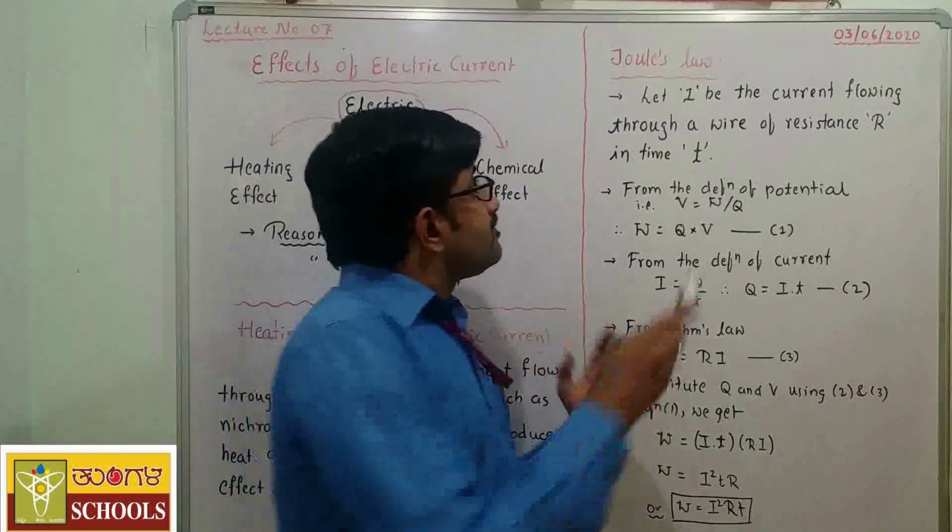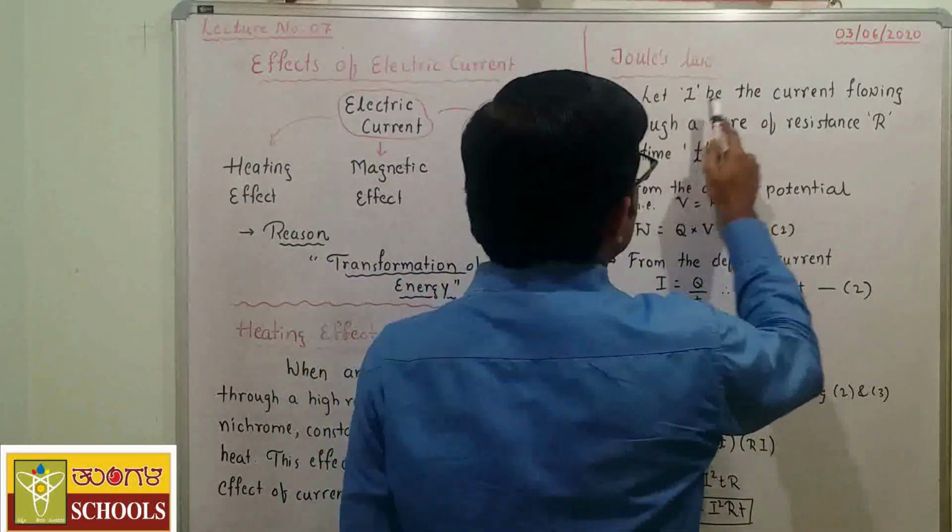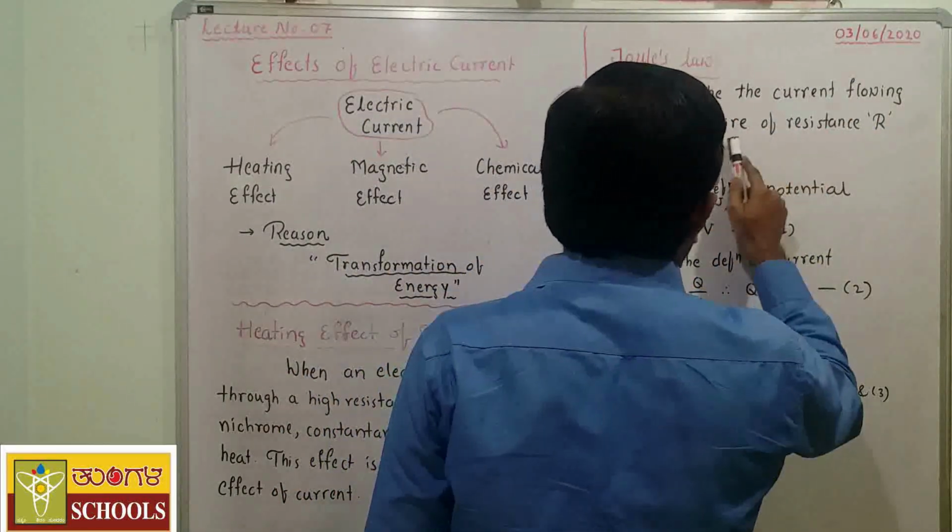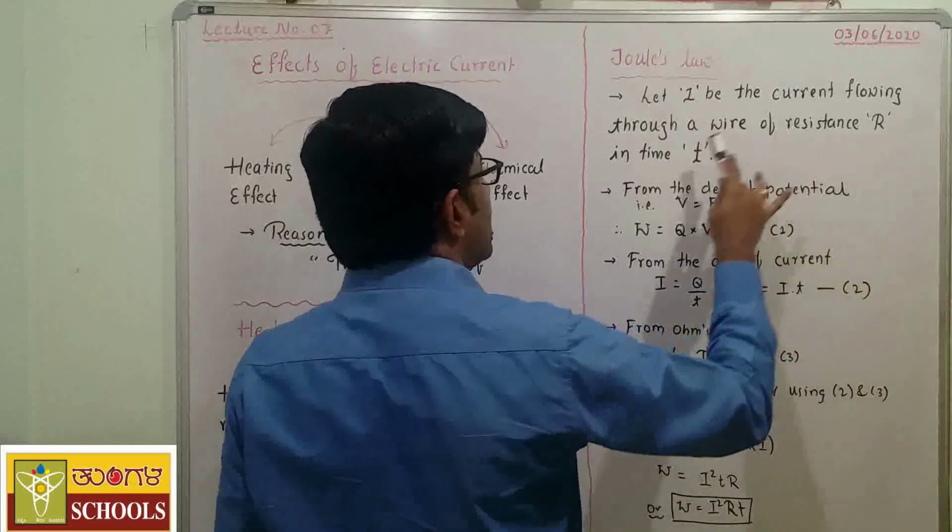Now let I be the current flowing through a wire of resistance R in time t.